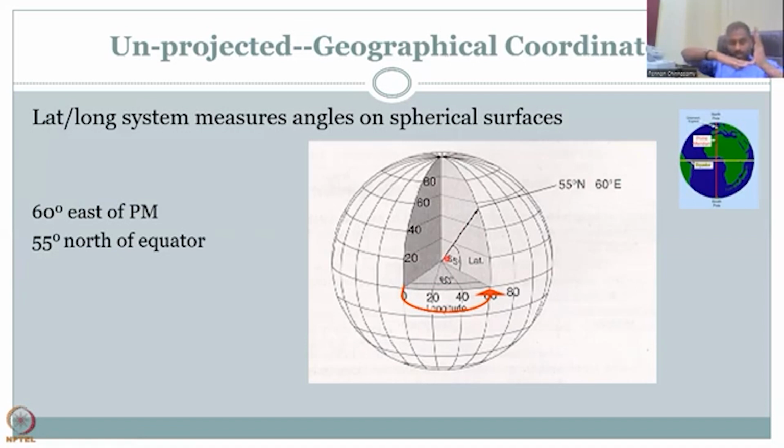Okay. So then you merge this, and from here you calculate what is the angle you want to go. So 55 degrees north of equator. So from here, 55 degrees north. So this point is what we want to look at and represent in our study. So the location of this is given as 55 degrees north, which is from the equator, the center, you're going up 55 degrees north, and 60 degrees east is from the prime meridian, you went 60 degrees east.